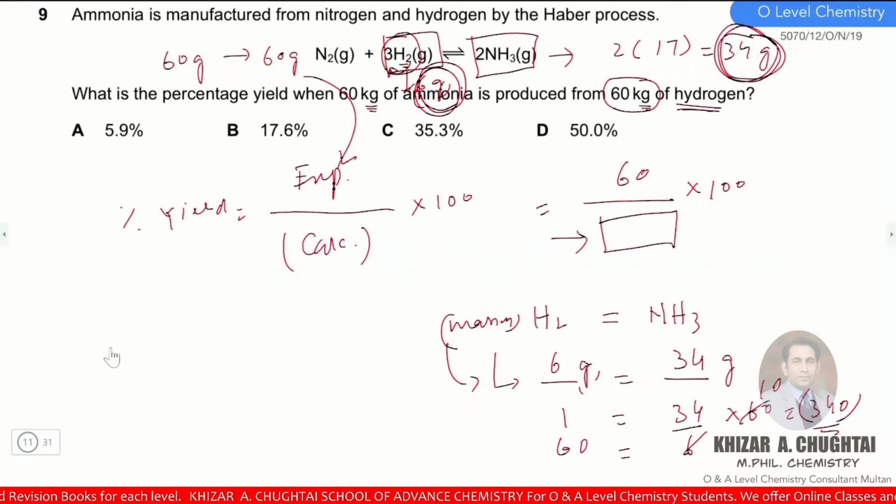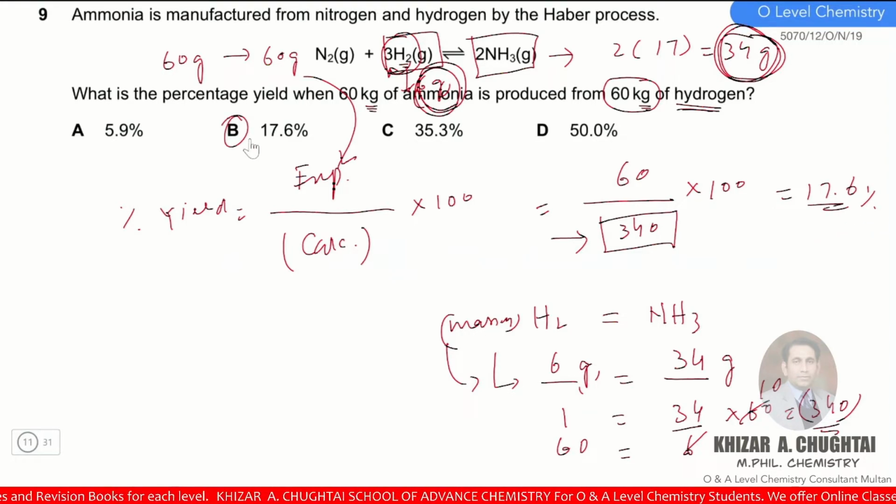So I'm going to write it over here, 60 divided by 340 into 100. The answer is 17.6 percent. So B is the correct option.